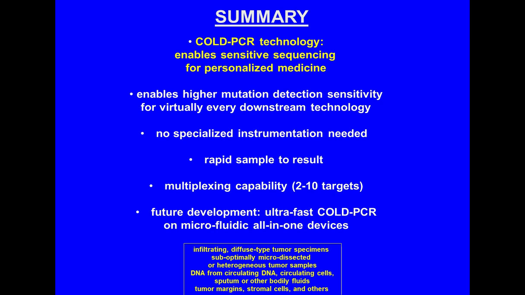And because of the flexibility, we can also see application of COLD-PCR in microfluidic all-in-one devices that are now coming to common use, for very fast PCR, where within minutes you can get from sample to result.